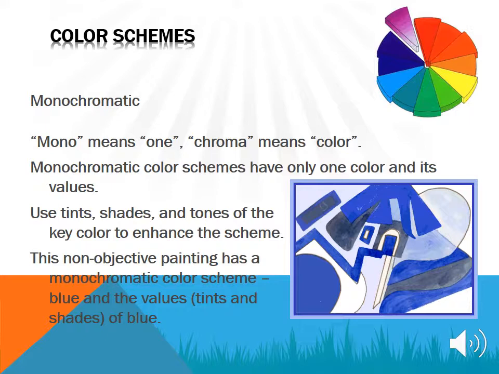It is called monochromatic. On the right side, you can see this non-objective painting has a monochromatic color scheme. Blue is the main color, and the values of blue, like tints and shades of blue, are being used in this painting. So it is monochromatic.